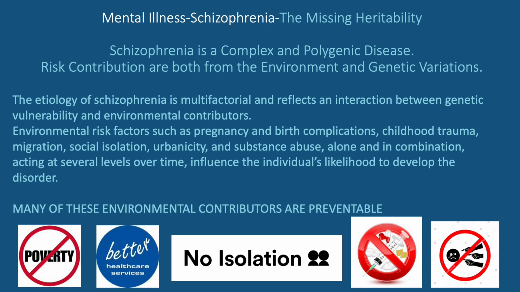Most probably and most logically, the other big contribution to developing schizophrenia comes from the environment. So we can rationally say that the etiology or cause of schizophrenia is multifactorial and reflects an interaction between genetic vulnerability plus environmental contributors.